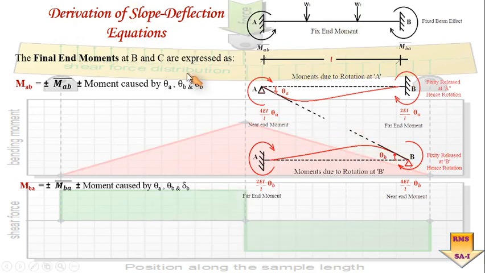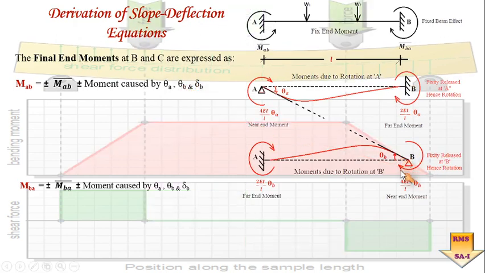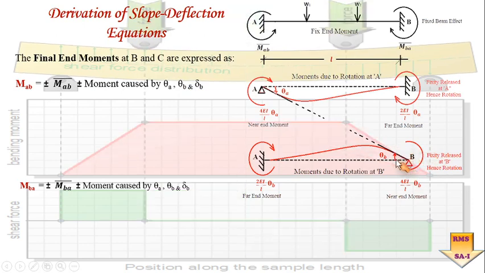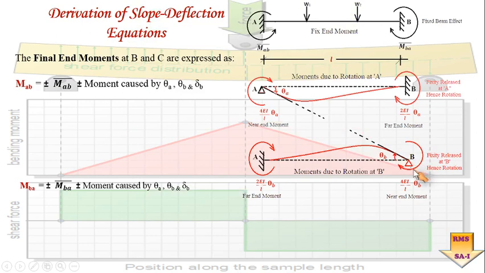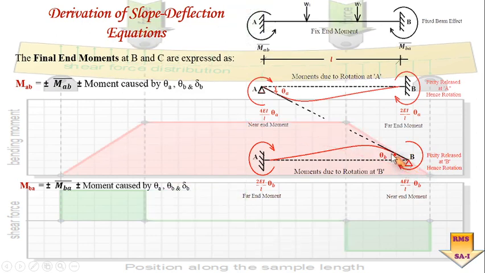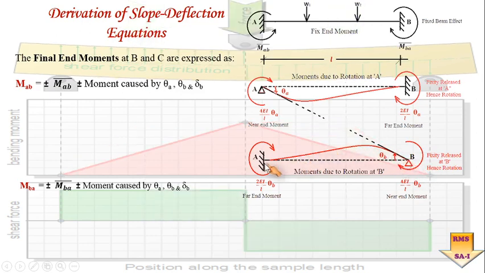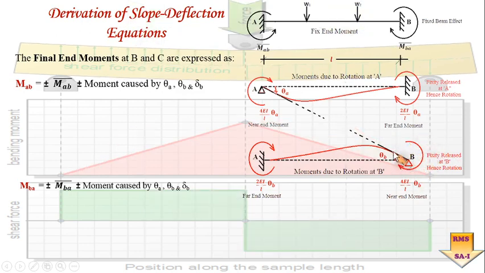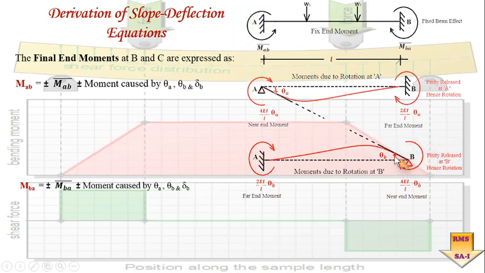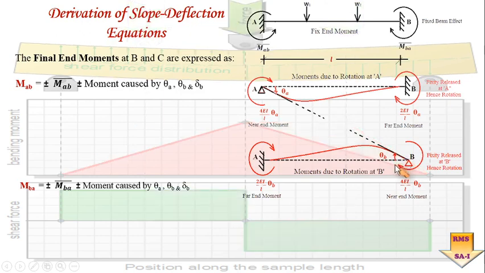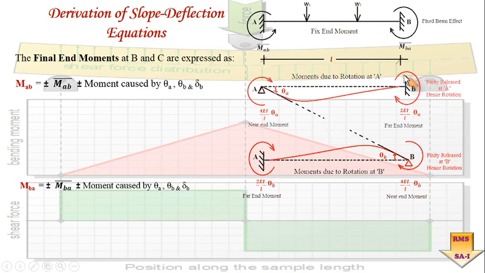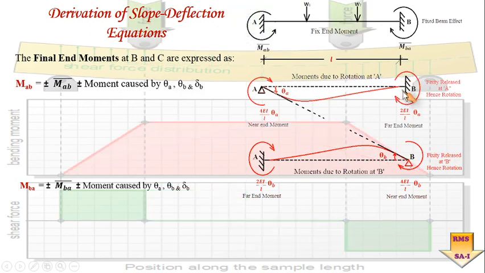Theta B is the rotation happening about point B. So here you can see the rotation happening about point B. Is it okay? Again there will be a clockwise couple which is trying to push this beam in this particular direction, and this clockwise couple is going to rotate that particular joint B by the magnitude theta B. Why is it happening? Because the fixity at point B has been released.